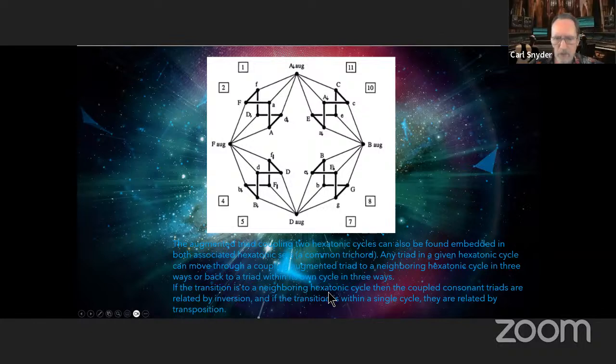If the transition is to a neighboring hexatonic cycle, then the coupled consonant triads are related by inversion. And if the transition is within a single cycle, they are related by transposition.